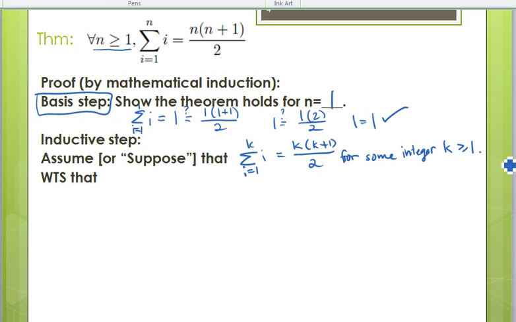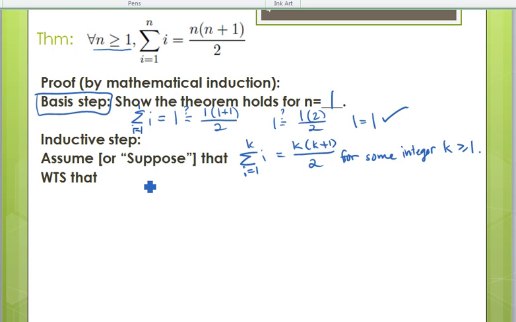Alright. Using that assumption, what we want to show is that this is true for k plus 1. So if we assume it's true for some number, we can show that it's true for the number right after that one.